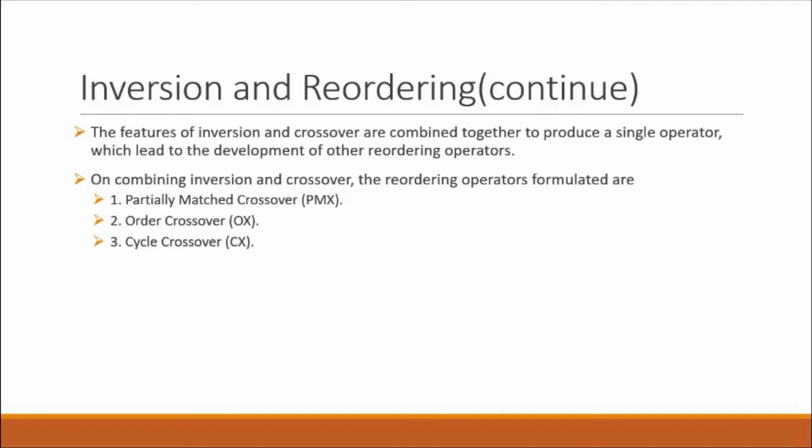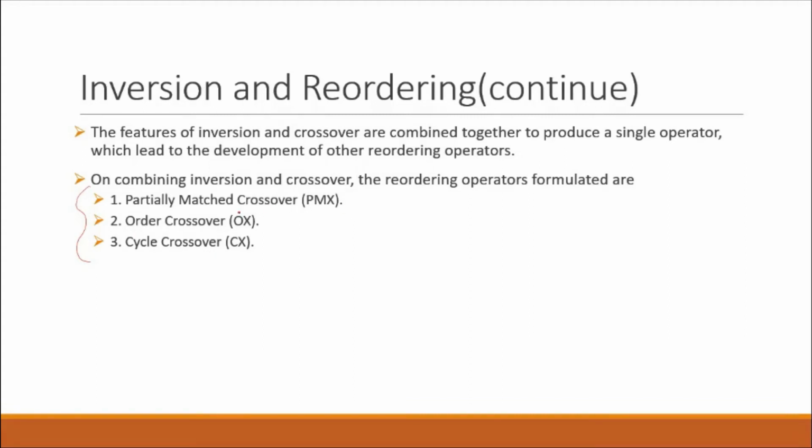By combining these two, three different crossover methods are generated. There may be more than 3, but in the textbook these 3 are mentioned. They are based on reordering as well as inversion type operators: the partially matched crossover, order crossover and cycle crossover.